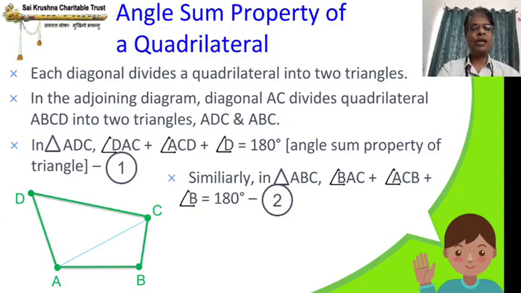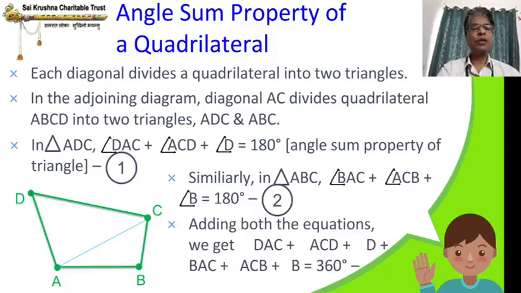Correct? So we have taken two triangles. As we saw in the first line, each diagonal divides a quadrilateral into two triangles, and now we are applying the angle sum property of a triangle. As I told earlier, we will be repeatedly using triangle properties.